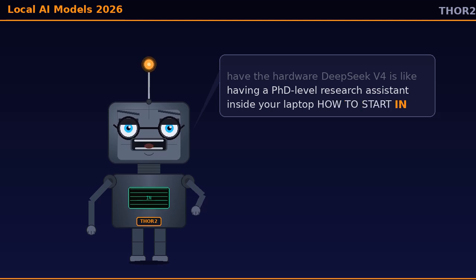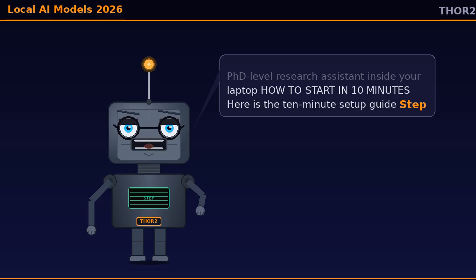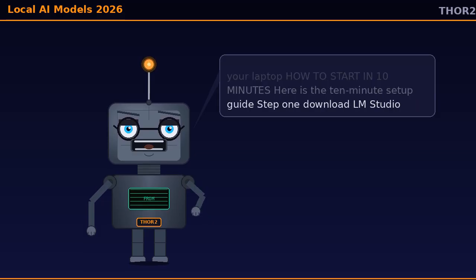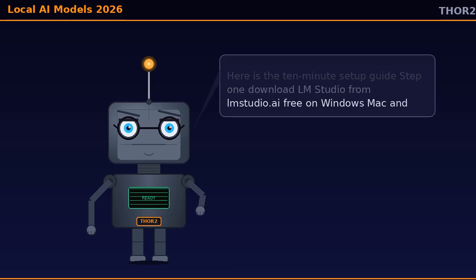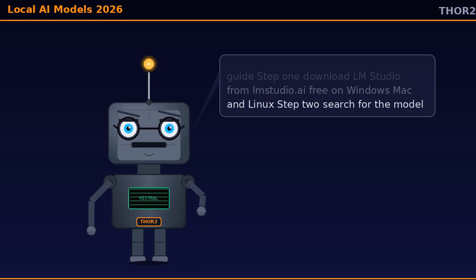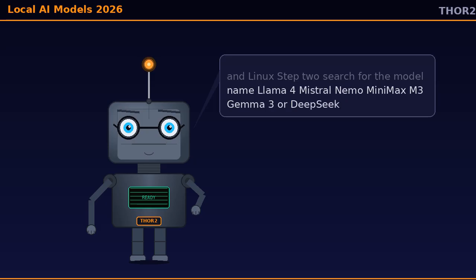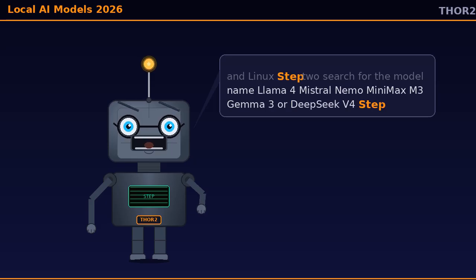How to start in 10 minutes. Here is the 10-minute setup guide. Step 1. Download LM Studio from lmstudio.ai, free on Windows, Mac, and Linux. Step 2. Search for the model name: Llama 4, Mistral Nemo, MiniMax M3, Gemma 3, or DeepSeek V4. Step 3.